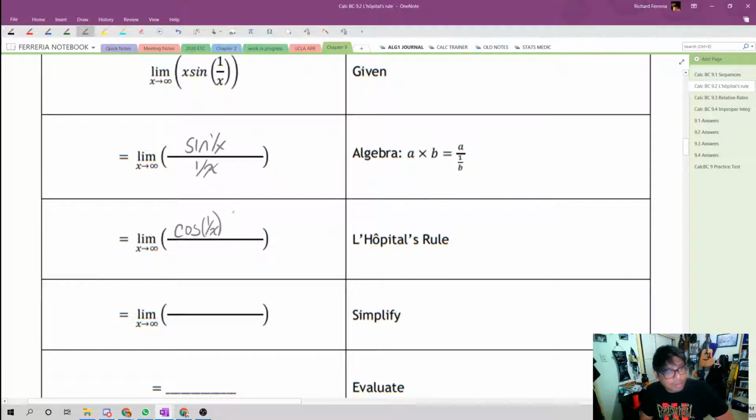And then the derivative of 1 over x is negative 1 over x squared. Okay, so you take the derivative of the numerator and denominator separately. What happens here is that this factor and this factor both cancel out, giving me just the cosine of 1 over x over 1.